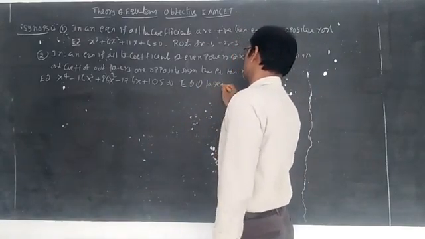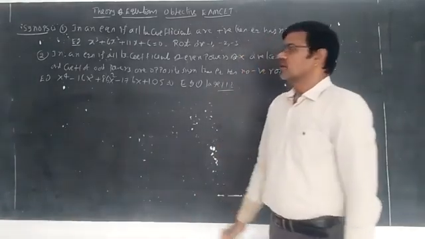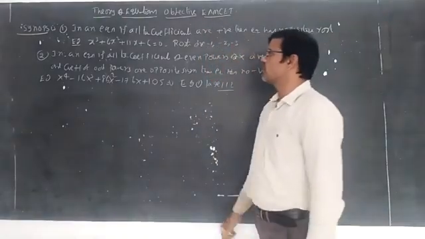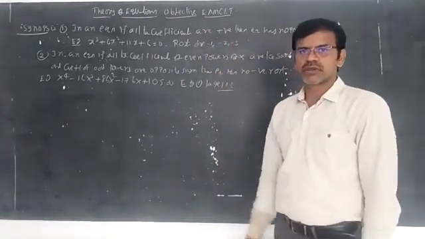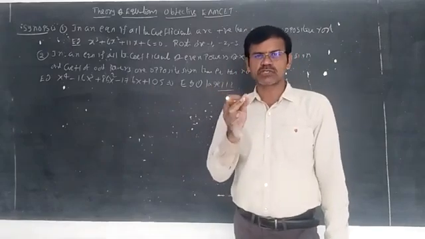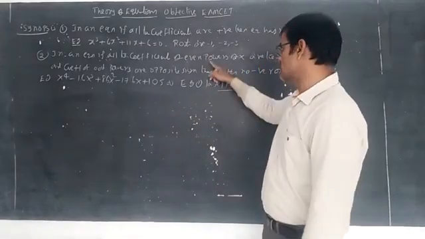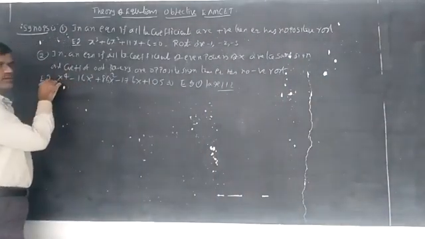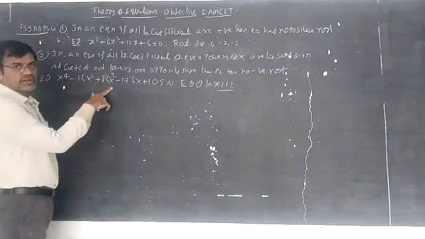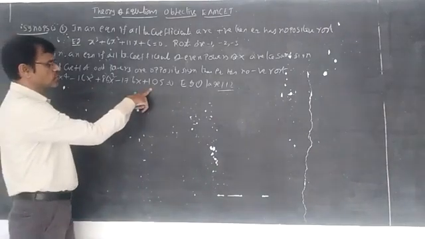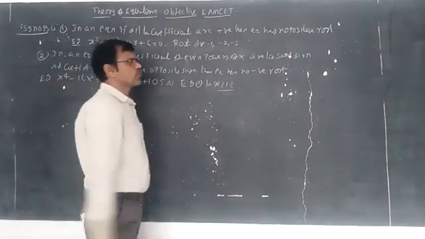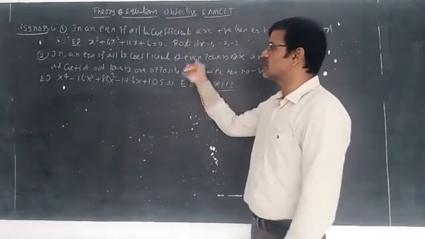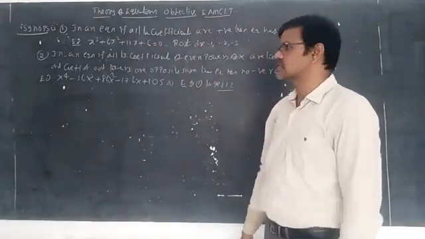Here you can understand the theory: if all the coefficients of even powers, meaning x power 4, x square, x power 0, have the same sign. So x power 4 coefficient is 1, positive. X square coefficient 86, positive. X power 0, positive. So everything is positive.